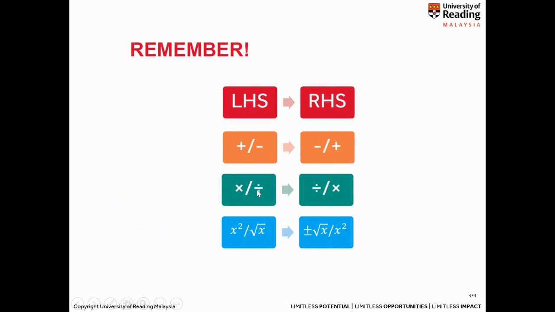If it's a divide or the denominator of a fraction, when you bring it over to the other side, it becomes multiply. Then the third rule: when you have x squared, you bring it to the other side, it becomes plus or minus square root x. On the other hand, if your left hand side has a square root x, you switch it over, you will take square, so it becomes x squared. So these are just basic guidelines when you are trying to transpose a formula.